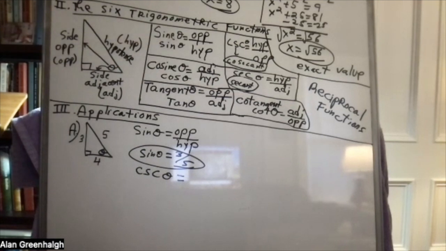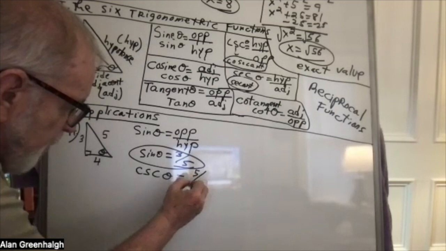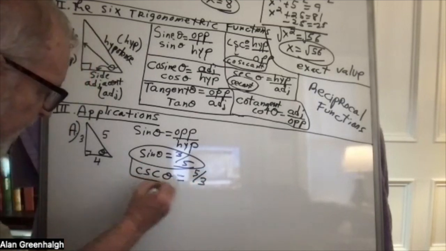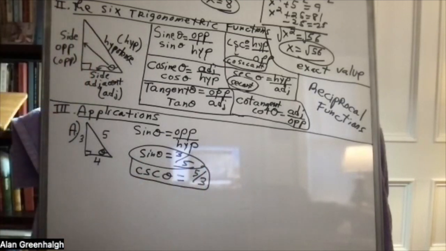This is your thought process: the cosecant is the reciprocal function to sine, and therefore it's going to be 5 over 3. Very helpful to know that. You don't have to know that cosecant is the hypotenuse over the opposite. You have to know that it's the reciprocal of sine.